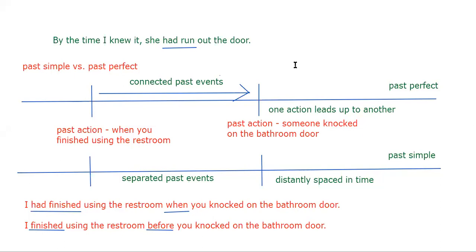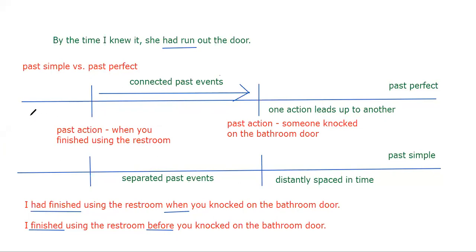Now I have another sentence that's also kind of confusing. I didn't say anything until she had finished talking. Is the past perfect correct there? That's actually a good question too, because there are times where using the past simple like that would actually also work.